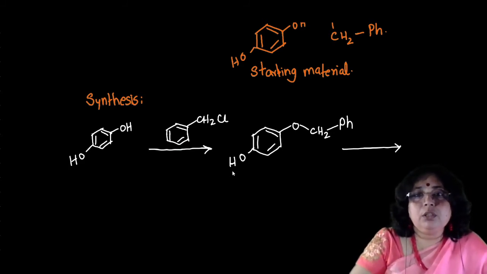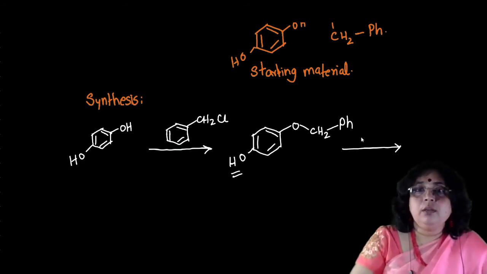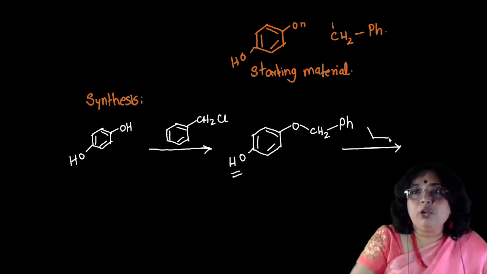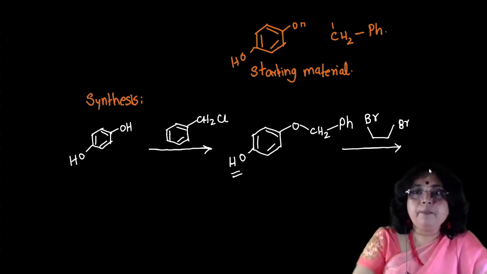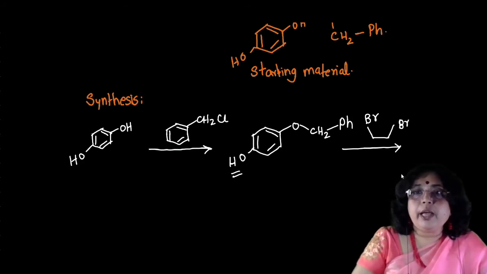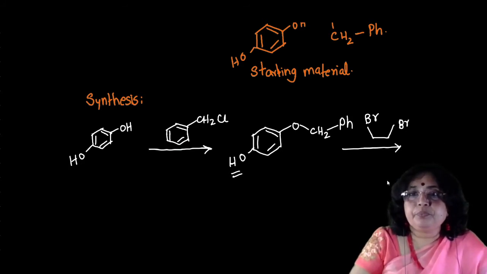Now let us focus on this particular center where we have to put the alkylation. For the alkylation, what we obtained in our retrosynthesis is dibromoethane. So we are using dibromoethane as an alkylating agent. Here I am getting the alkylation of the other OH group.